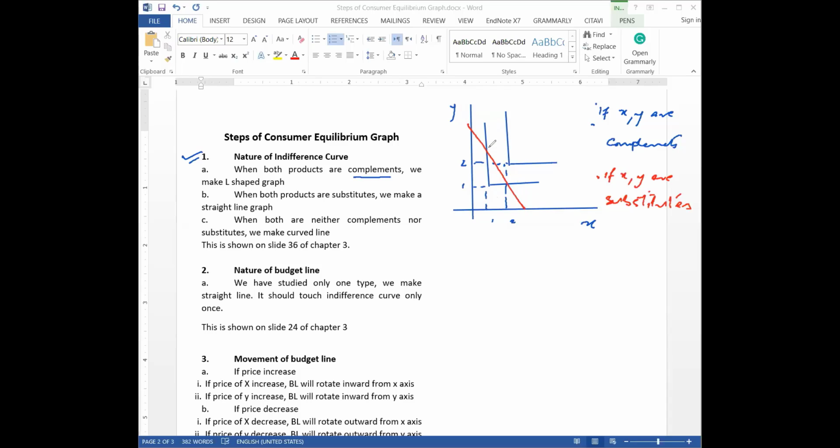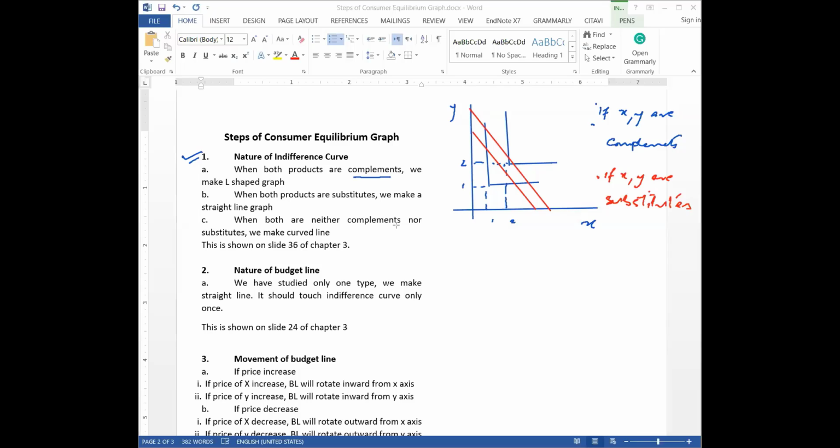So if they are substitutes, the line is straight. So they can either go in a corner or go in the middle or go in the other corner. Because both are substitutes for each other, the customer is perfectly indifferent and can select any one of them.